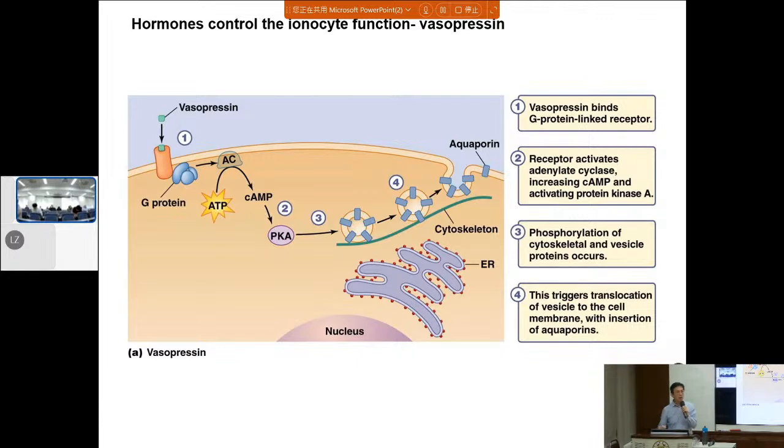But the recycling is also very quick. Once there is no vasopressin signaling, endocytosis will occur and recycle the aquaporin protein.